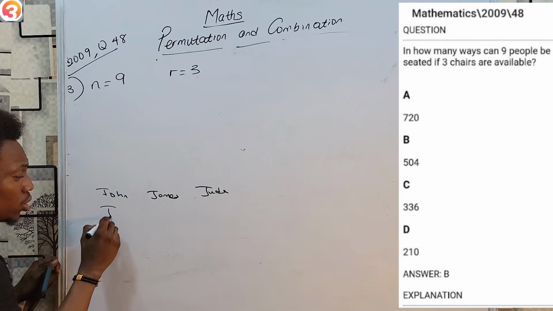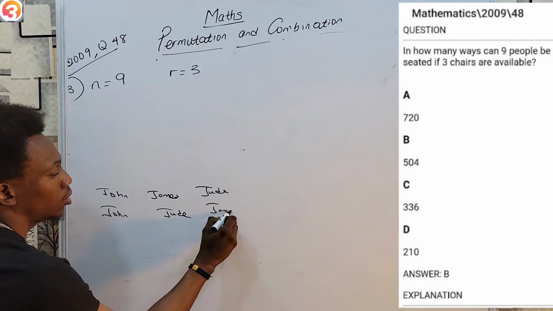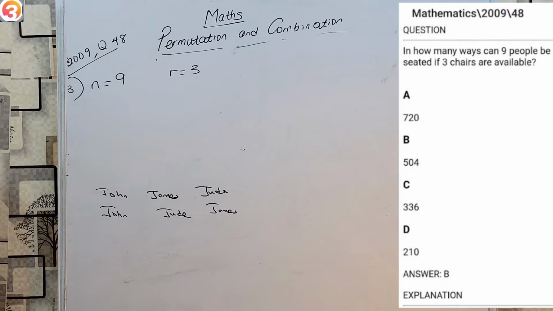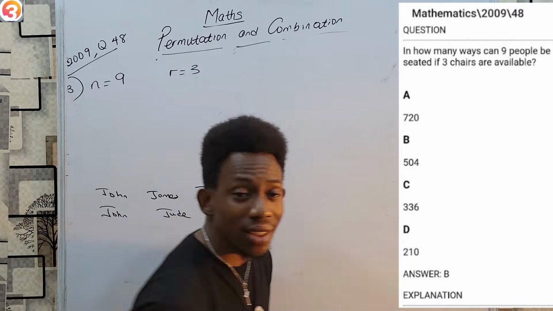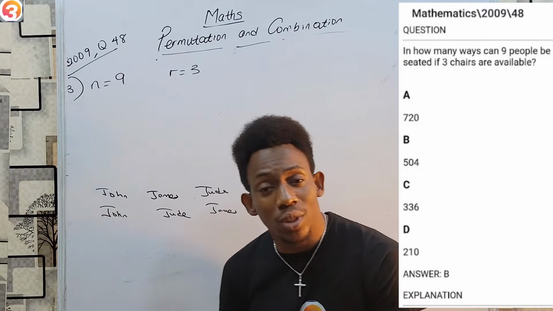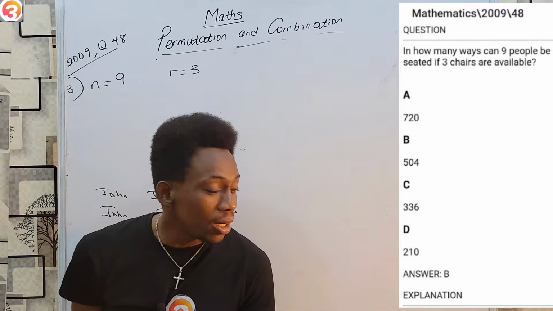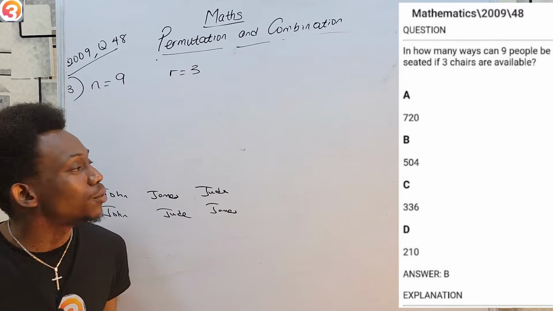On the other hand, I could also have John, then Jude, then James. Isn't that a different order? Yes. And does this matter? Yes, because that's a different sitting order, which implies that in this case I'm actually looking at permutation, because the order in which they sit actually matters, as that would be a different arrangement.